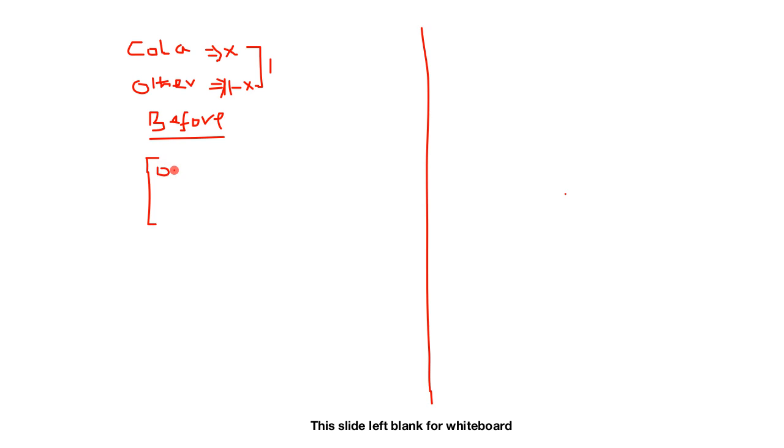So we are just copying them the way they are in the problem there. 0.85, then we have 0.15, then we have 0.25, and then 0.75. So this we've got from the problem.